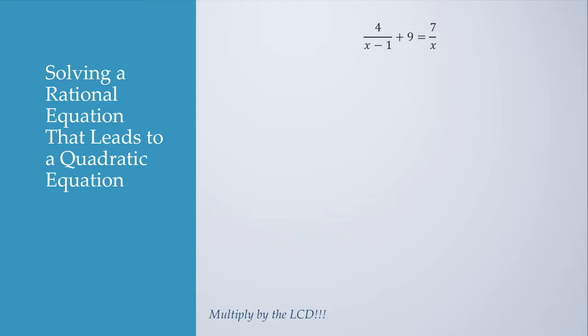So in order to solve a rational equation that leads to a quadratic equation, I need to multiply by the LCD first off, because no one likes working with fractions. So the LCD in this case is going to be x times x minus 1. So I'm going to multiply both sides by x times x minus 1.